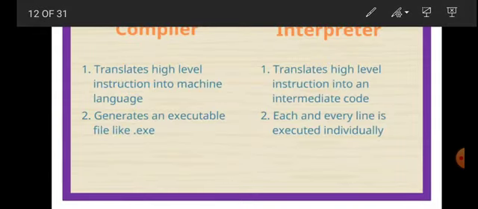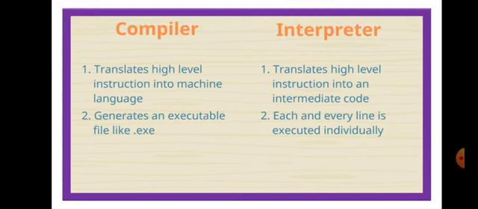Now we'll move on to the next one, which is compiler and interpreter. So compiler and interpreter, you will see that the first one translates high level instructions into machine language. As you all know, the high level language is in the form of simple English. So the code you have written in English is translated into machine language.